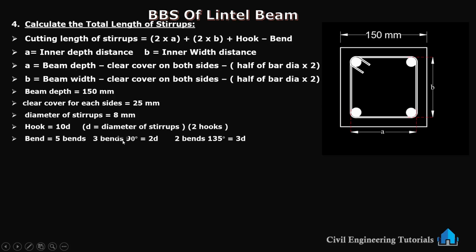Now bends. We have 5 bends. Here 1, 2, 3, and here 2 bends, total 5 bends. From these 5 bends, 3 bends are 90 degrees, and for 90 degree we take 2D. These 3 bends are 2D because they are 90 degrees, and 2 bends are 135 degrees.